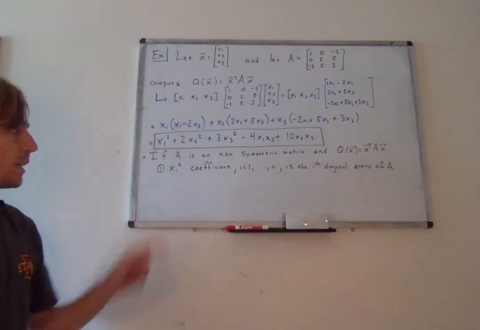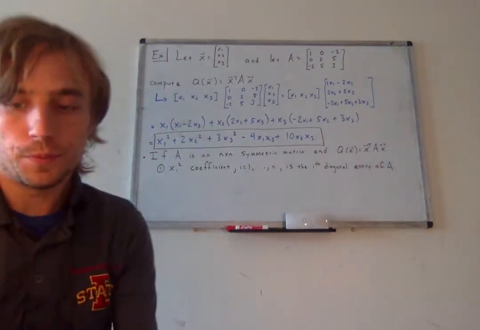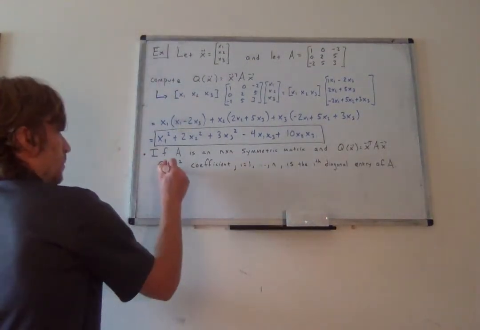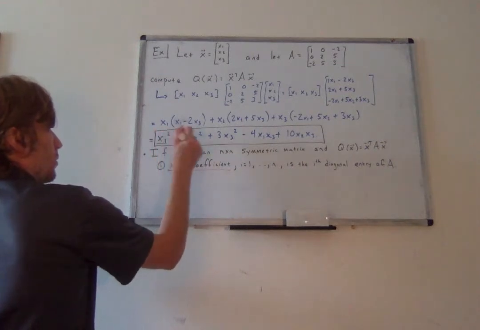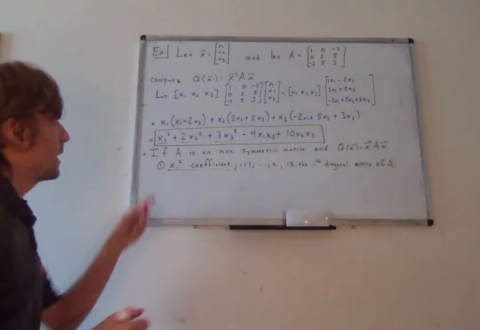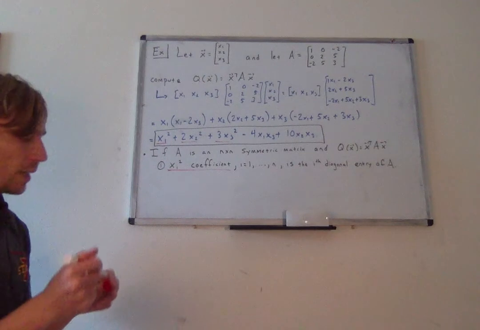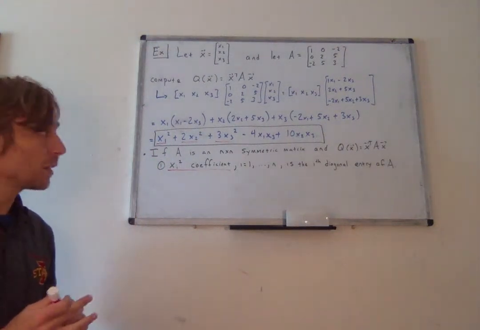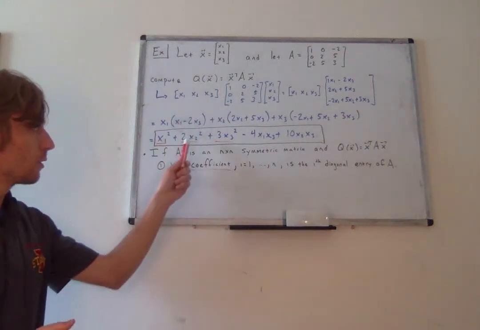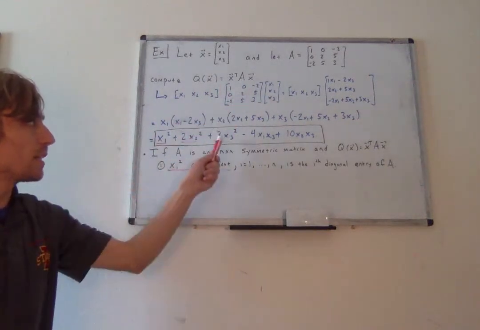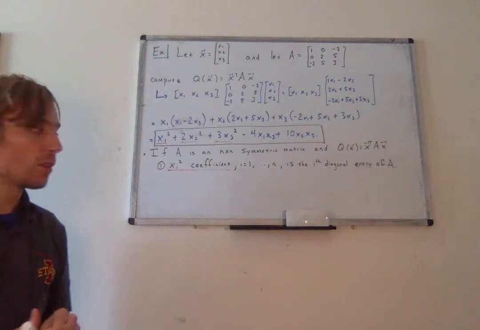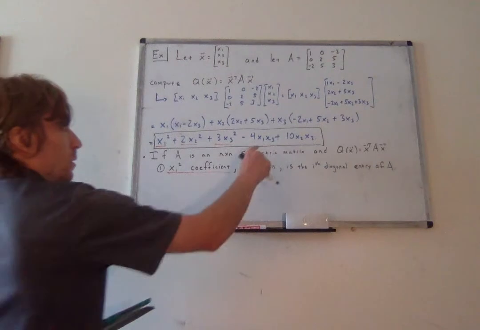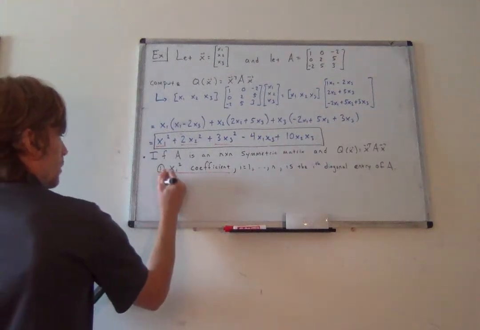Notice the coefficients I'm specifically talking about here are these three coefficients attached to x1 squared, x2 squared, and x3 squared. The coefficient of x1 squared is 1, the first diagonal entry. The coefficient of x2 squared is 2, the second diagonal entry. And 3 is the third diagonal entry. So what about these other terms?